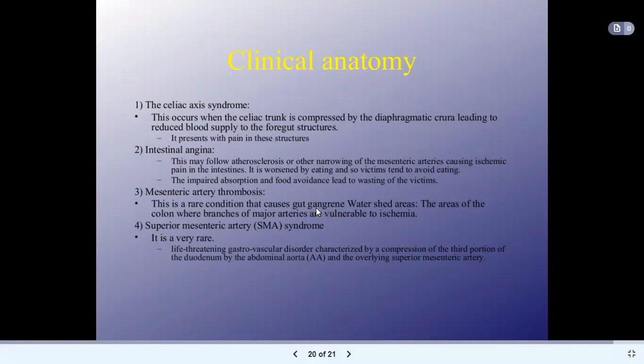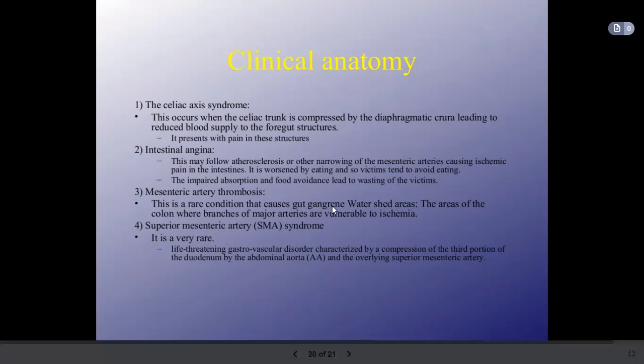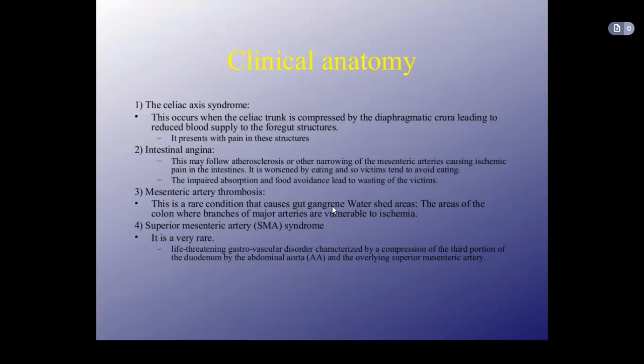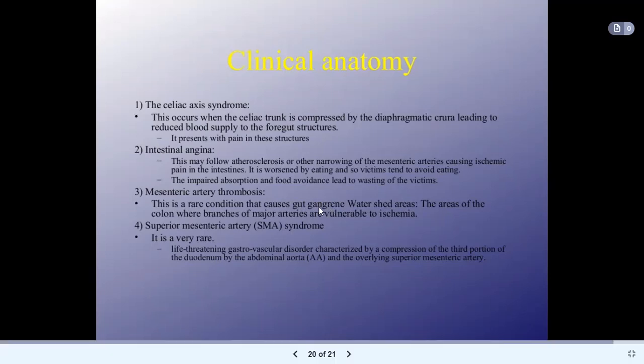So the gut, or the GIT, the intestines, will no longer be able to receive blood supply. And when that happens, they will begin to undergo a kind of necrosis or destruction. So the cells will begin to die. And then we'll have gangrene, gut gangrene, in the areas where the blood supply does not get to.